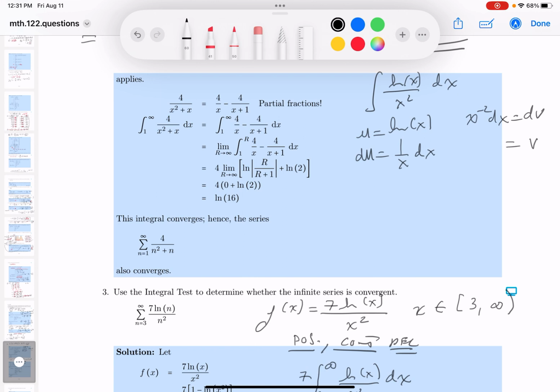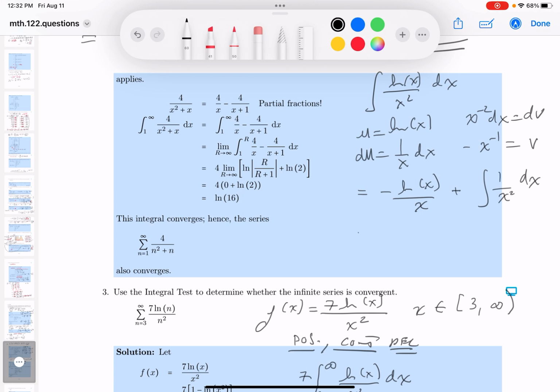And then v, well, add 1 to the exponent. That's going to be x to the minus 1 over minus 1, so let's put a minus sign over there. So let's write that down. That's going to be minus the natural log of x over x minus the v, that's 1 over x, and then you're going to get the du, which is another 1 over x, so it's 1 over x squared dx.